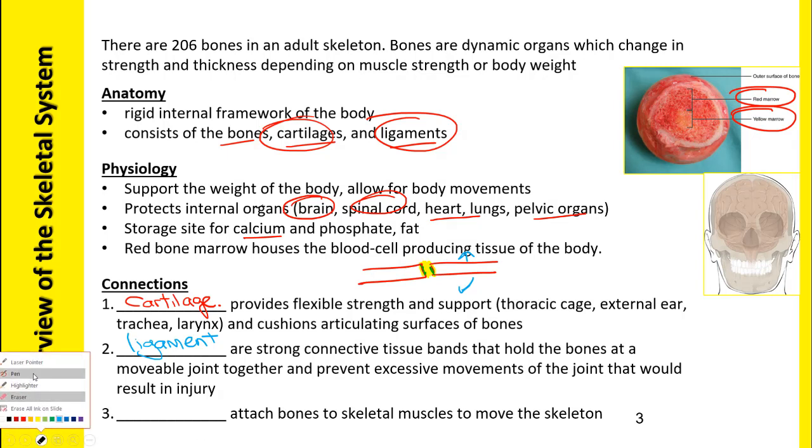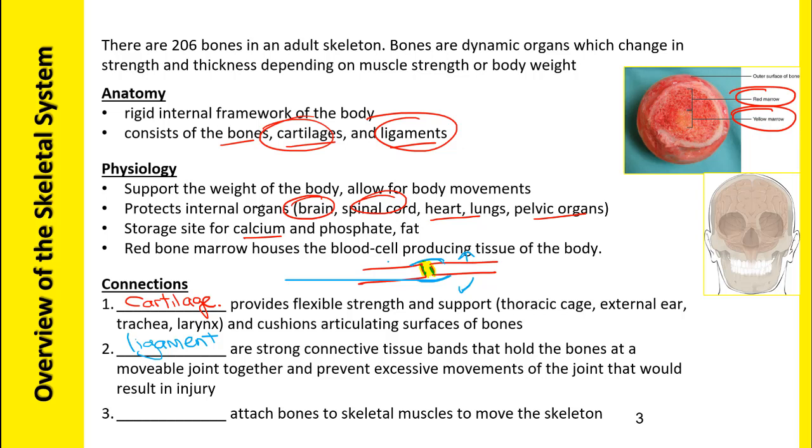On this joint, you would have a ligament that connects that bone to that bone, maybe over here, maybe another one over here. What that means is it keeps the bones positioned together as they move around and do whatever range of motion that particular joint is able to do.